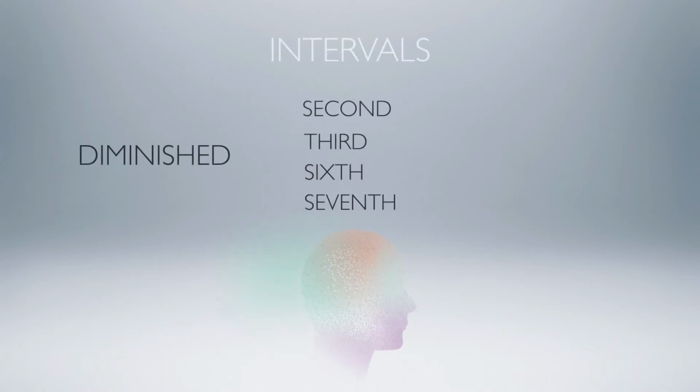By the same logic, when we diminish a second, a third, a sixth, or a seventh, we refer ourselves to the major second, major third, major sixth, or the major seventh. But be careful! The term diminished, when applied to these intervals, will this time lower the interval not just by a semitone, but by a full tone.